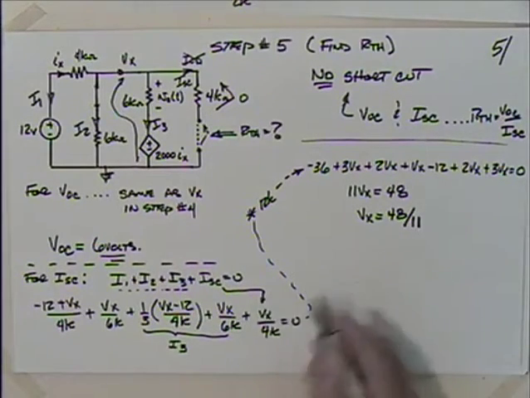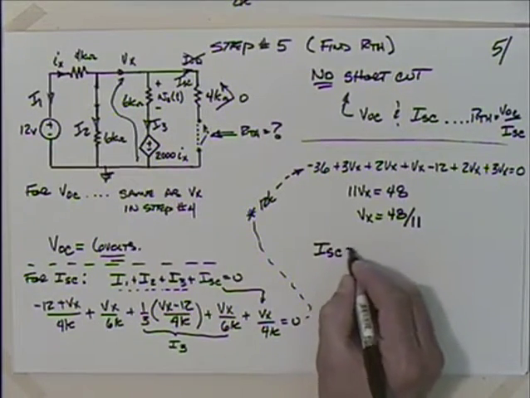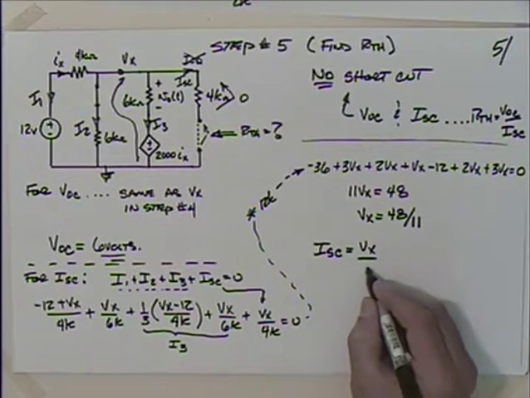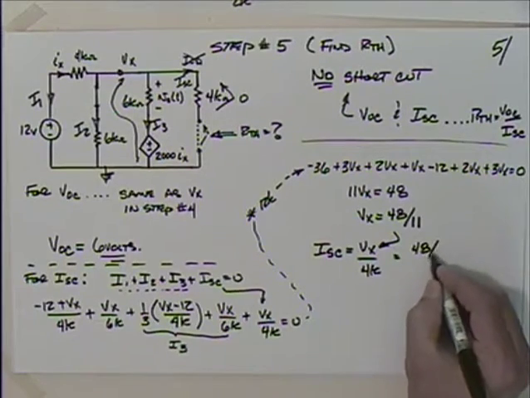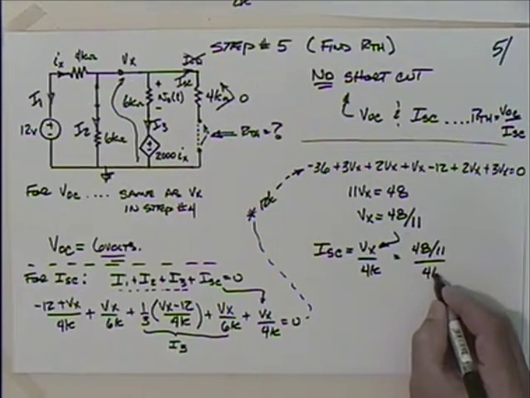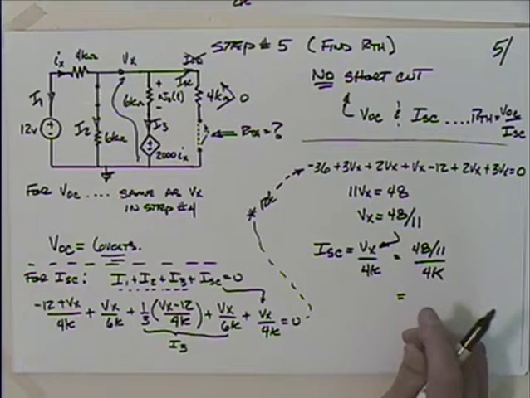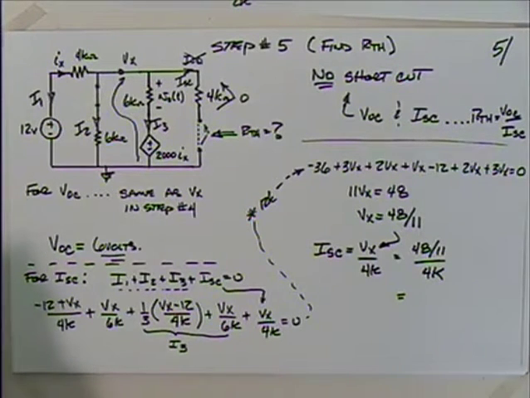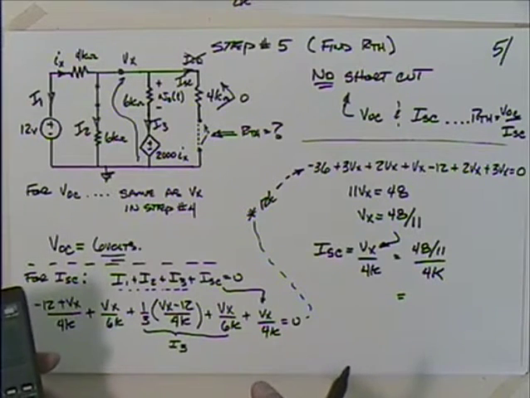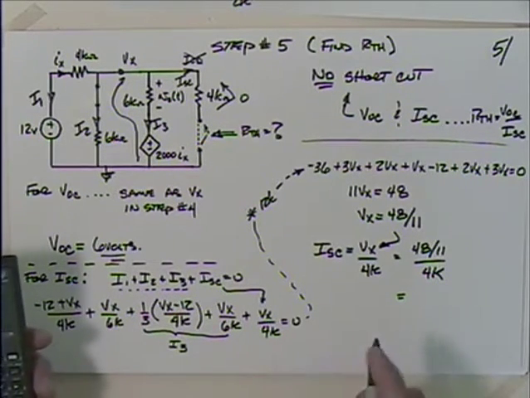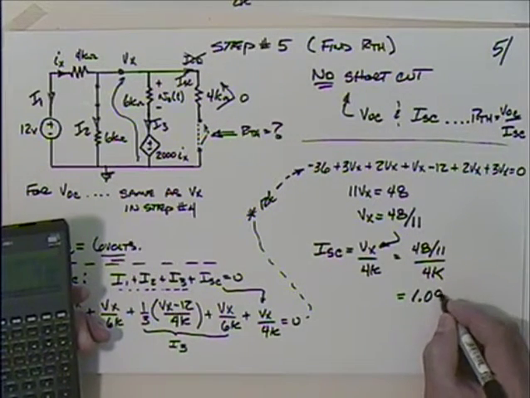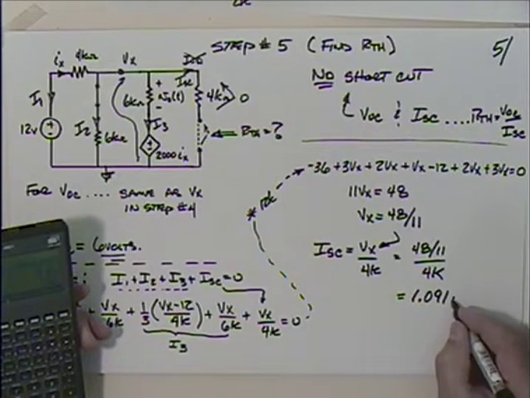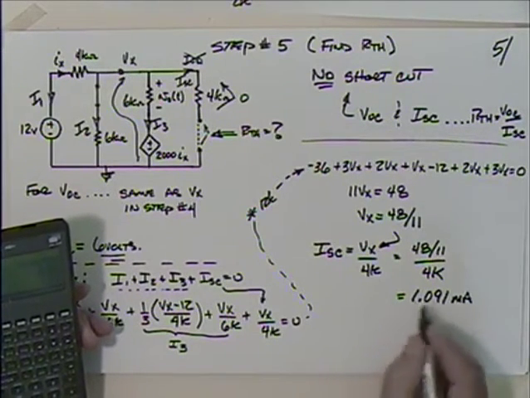And we know here, because I short circuit is equal to Vx divided by 4k, so we put that in there. 48 over 11 divided by 4k, which gives me what, 12 over 11. Yeah, 1.091 milliamps. That's I short circuit, isn't it?